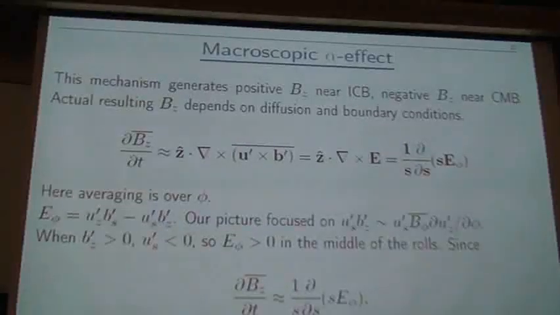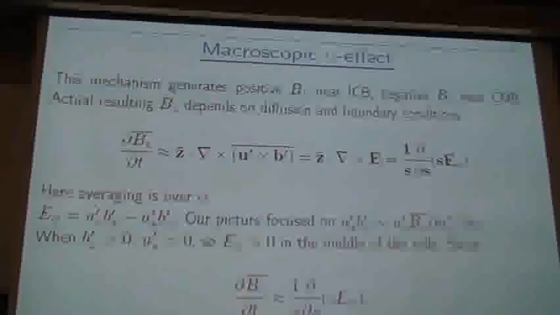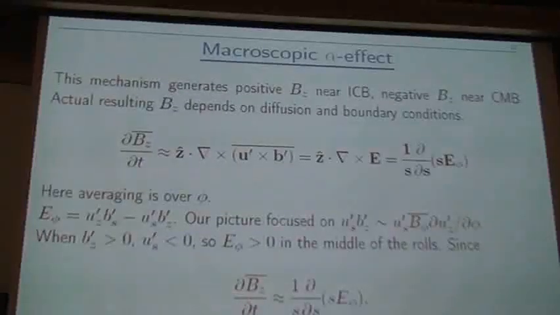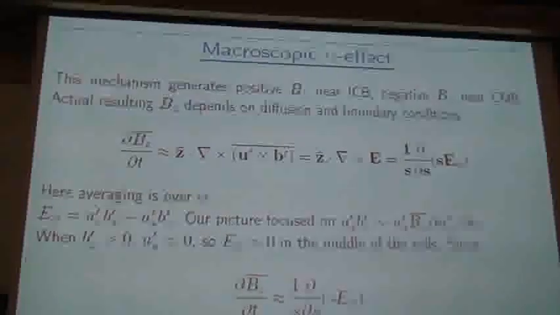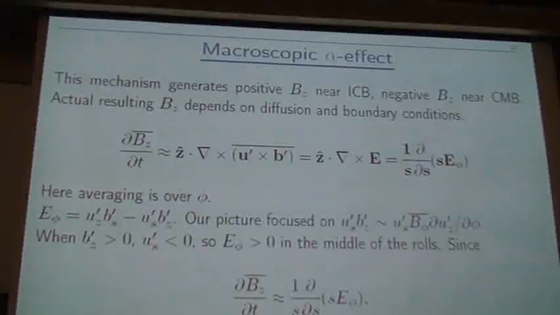So that positive Bz is created near the ICB, and of course when you get into the steady state, the positive Bz that's been created by this has got to balance against the large-scale diffusion. So that's what it is. When that balance is established, that determines what the magnetic field strength is actually going to be.